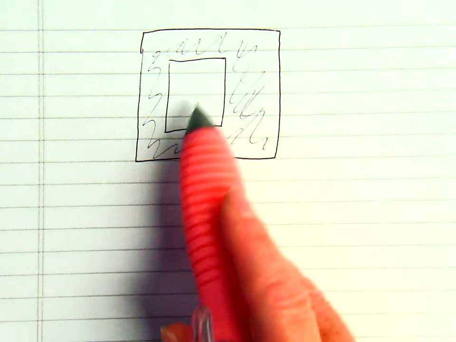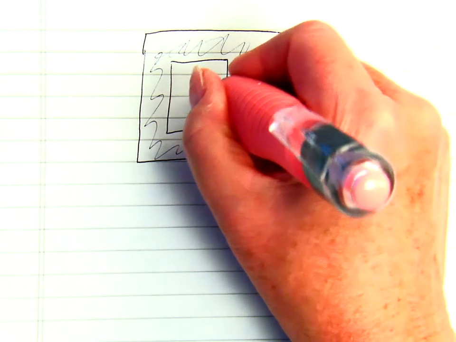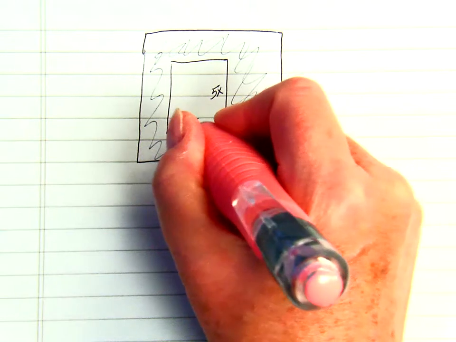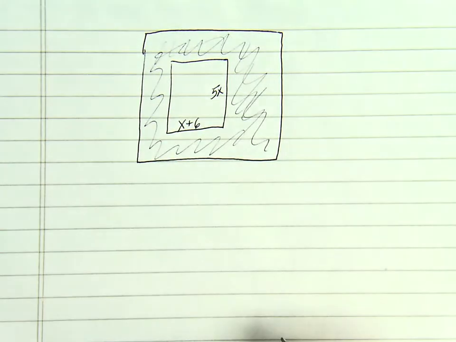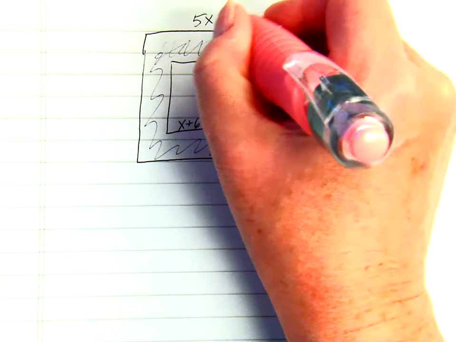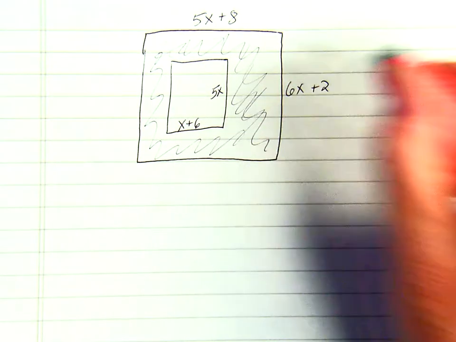Okay, so this is our shaded area. Okay, this area in here is not shaded. So this is 5x in here and x plus 6. And out here we've got 5x plus 8, and we've got 6x plus 2.